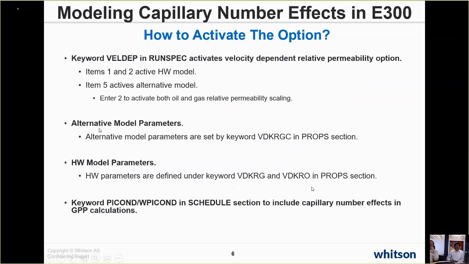For the alternative Whitson-Fevang model, the 2 parameters are defined by the keyword VDKRGC. Once we activate the capillary number effect and want to include it in the GPP, we just go to the PICOND or WPICOND keyword and say yes, we want the capillary number effect in the GPP calculation.